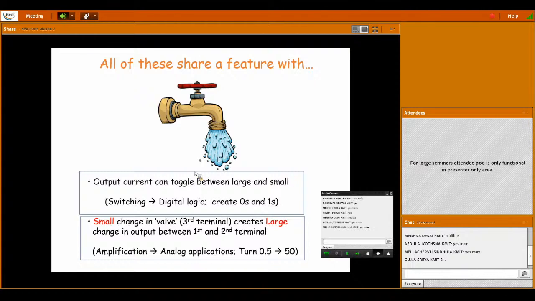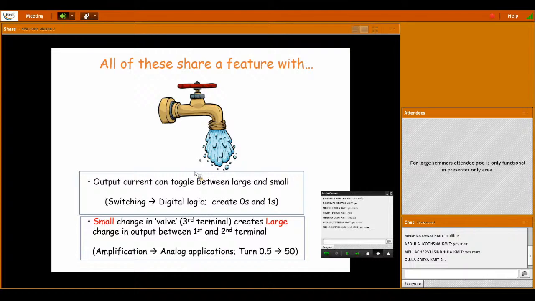Next, in analog applications, we amplify analog signals. For example, in public addressing systems, if you don't have an amplifier, our voice will not reach a longer distance. Hence, we need an amplifier, and in that amplifier our audio signal is first converted using a mic, so sound signals are converted into electrical signals.